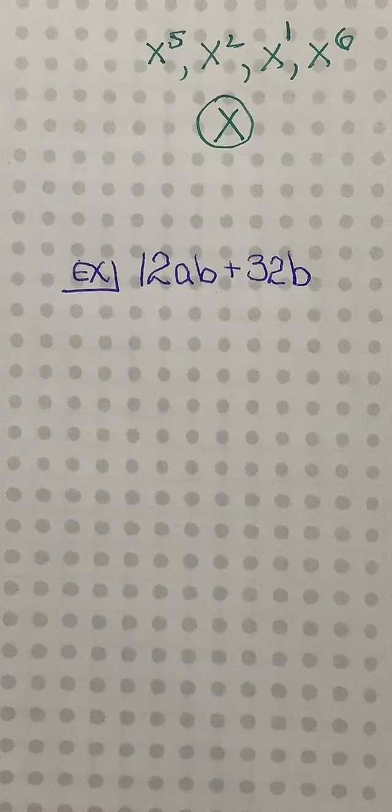All right. So give this one a try. 12AB plus 32B. Now, can 12 go into 32 evenly?